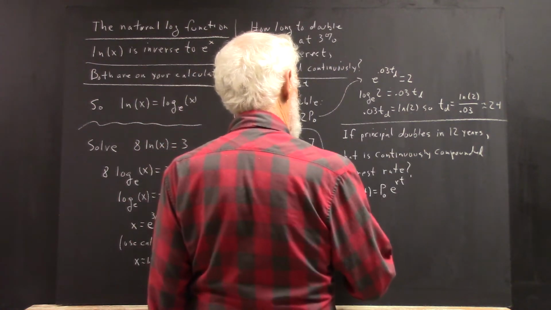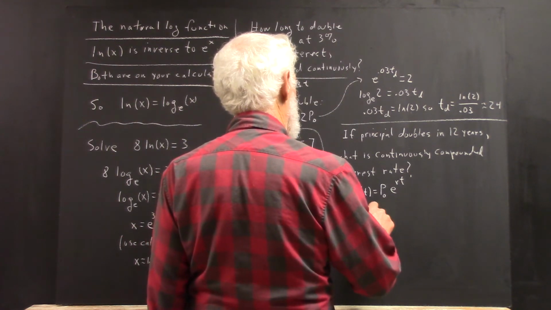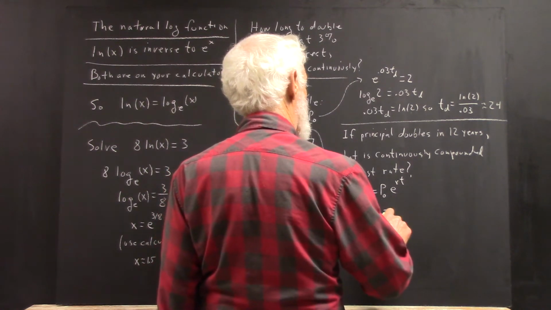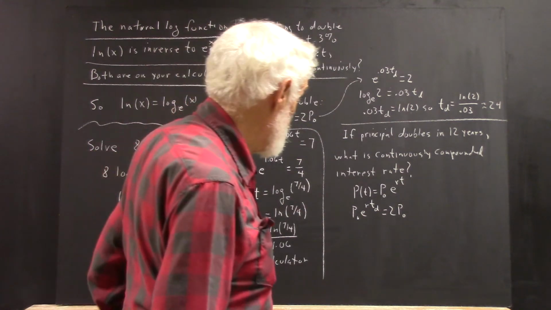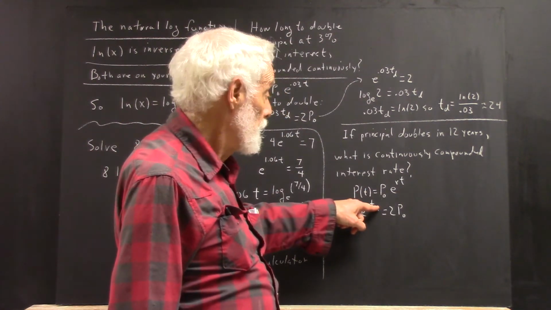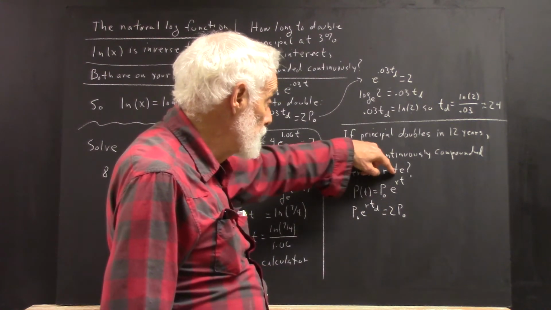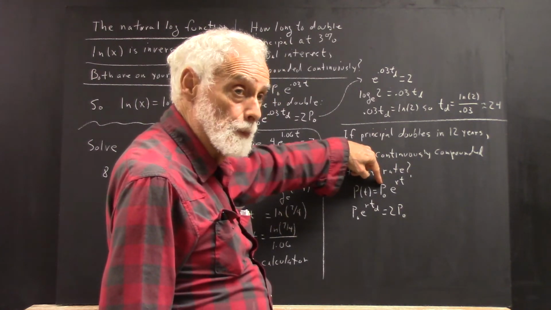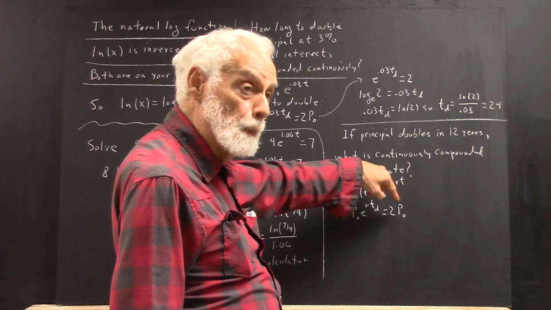So we know that P naught e to the r times doubling time is equal to 2P naught. If you put the doubling time in here, you're going to get double your initial principal. Remember, your initial principal at t equals 0, e to the 0 is 1. Your initial principal is P naught. That's why we use 2P naught for the doubled principal.